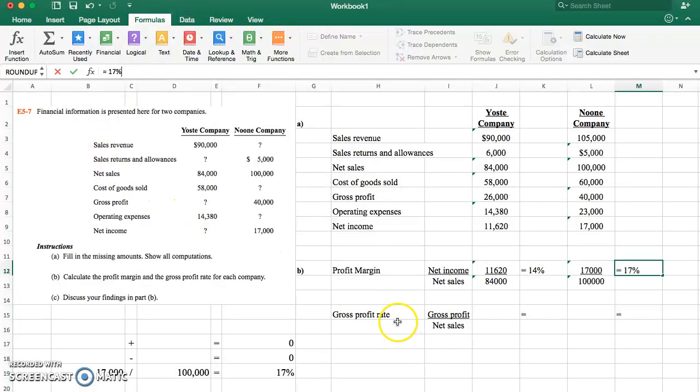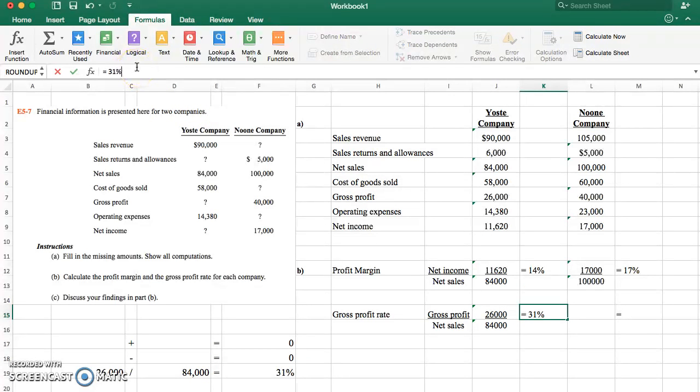Next, we have our gross profit rate, which is calculated by taking our gross profit and dividing that by net sales. So for Yost Company, we had $26,000 in gross profit, and our net sales were again $84,000. If we plug that down here into our formula, we get 31%.